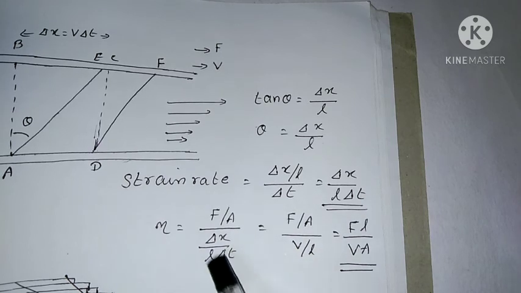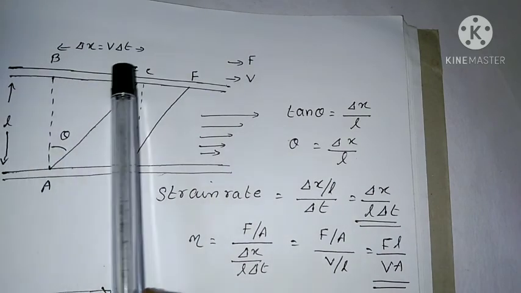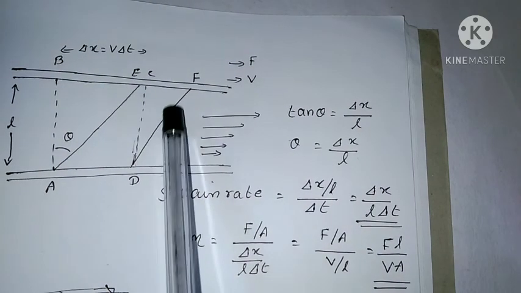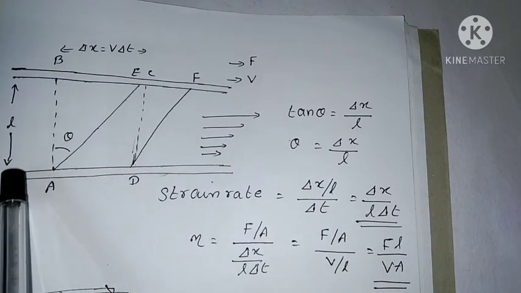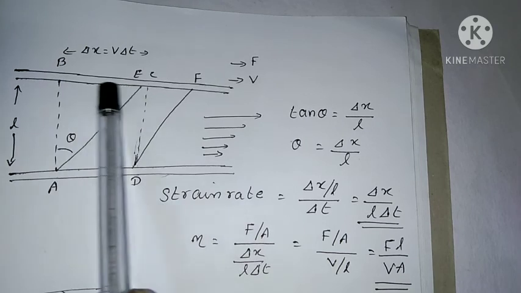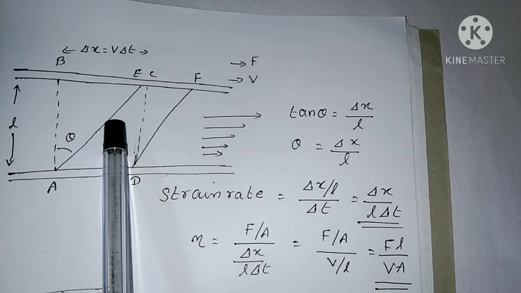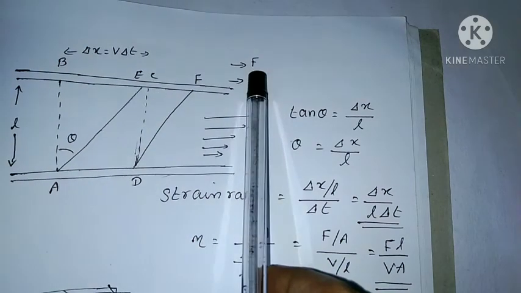That is, when you apply a force on a liquid, here the liquid is applied between the two glass plates. The bottom glass plate is stationary and the upper glass plate is movable. So you are applying a liquid, for example oil. Then you apply a force.